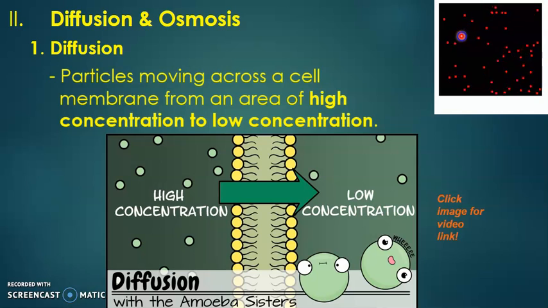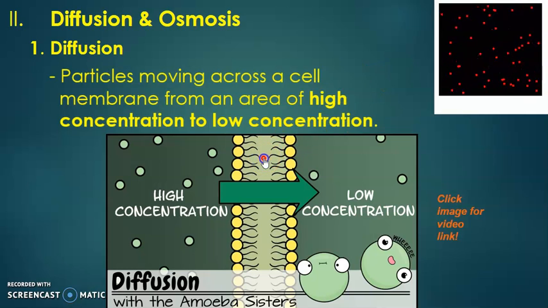Once it resets, you're going to have a high concentration of red particles right there, and now they are naturally diffusing from an area of high concentration to an area of low concentration. This happens naturally in any environment, liquid, gas, even solid. Solutes, as long as they can, are going to want to move from high to low concentration.